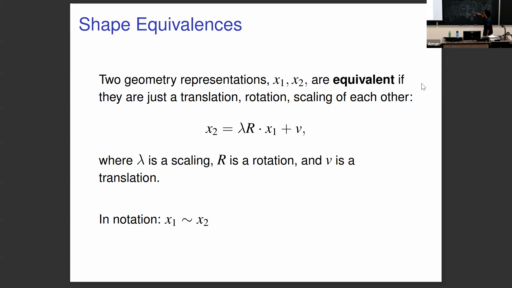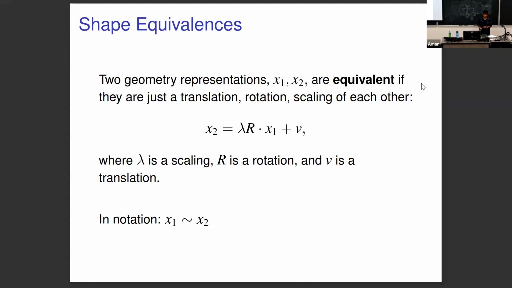So this equivalence in mathematical notation is denoted by a tilde sign. So if we want to say that x1 is equivalent to x2, we just write that, right? This is an equivalence relationship between x1 and x2, which means that they are equivalent to each other.